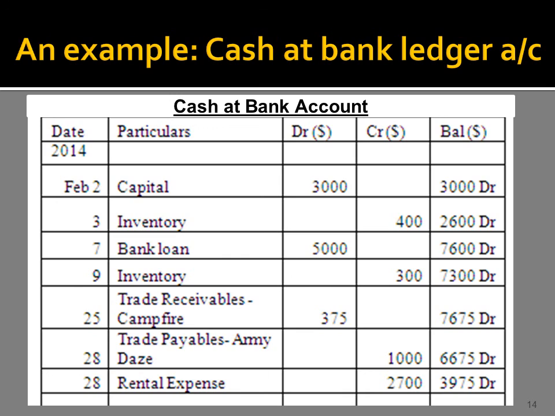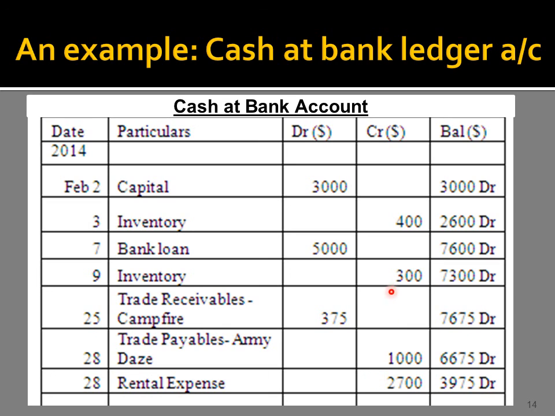Similarly, we can have a look at why did the cash at bank account decrease. We know that the cash at bank account has decreased because we have credited the cash at bank account with these amounts: $400, $300, $1,000, and $2,700.